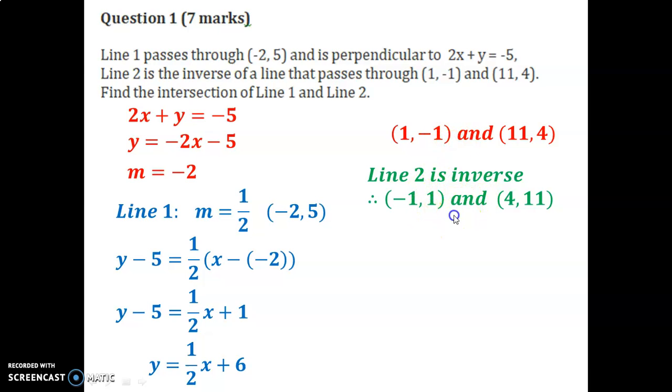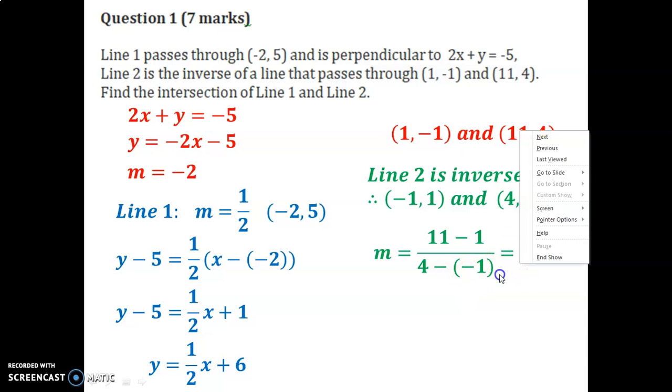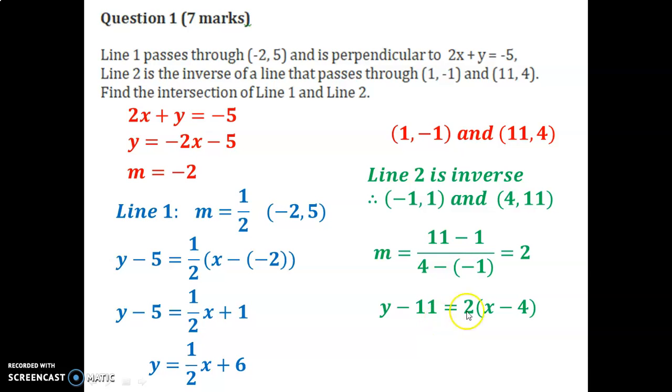So now we can take these 2 points and find the slope. So 11 minus 1, y2 minus y1, over x2 minus x1. That gives us a slope of 2. So line 2 has a slope of 2, and then we can use point slope form to find the equation. Here's y minus 11, using this point, equals the slope times x minus 4, and now I have the equation of line 2 like this.